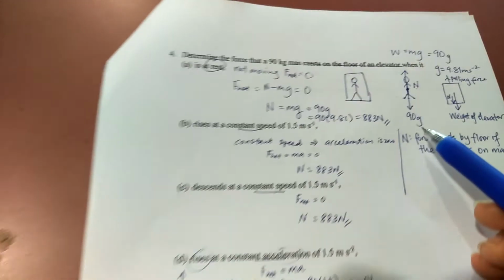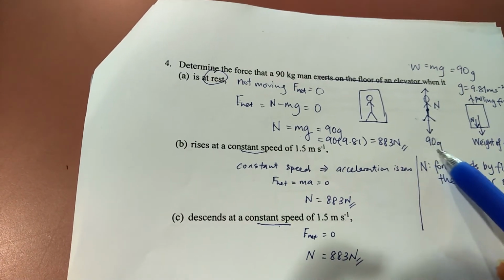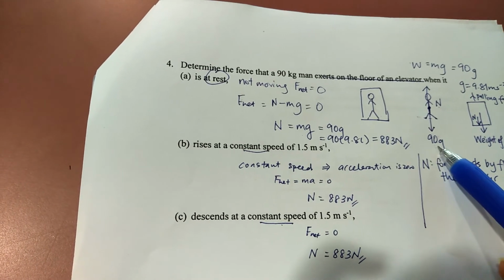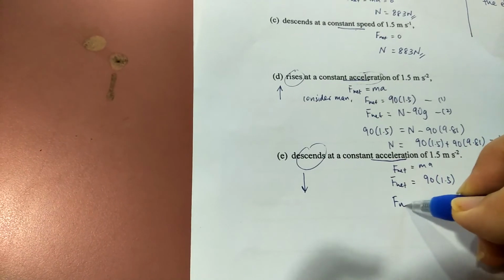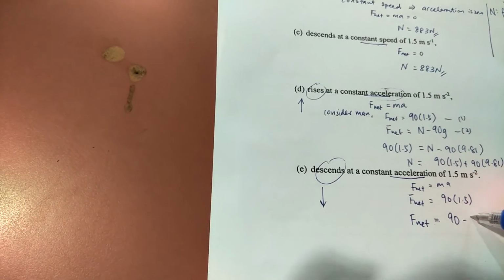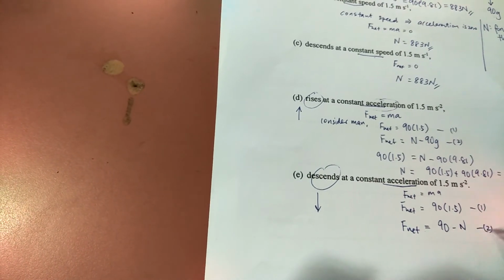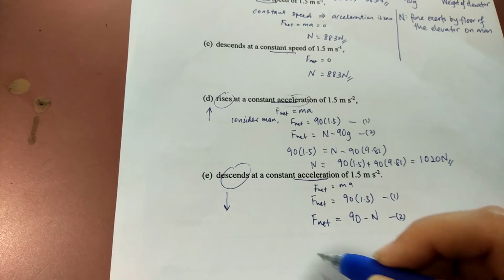So in this case, if I were to look at the free body diagram for the man again, the downward force has to be larger because it's accelerating downwards. So my equation for net force will be 90g minus N. Okay, so the F net here can also be obtained by 90g minus N. So same like before, I have equation 1 and equation 2.